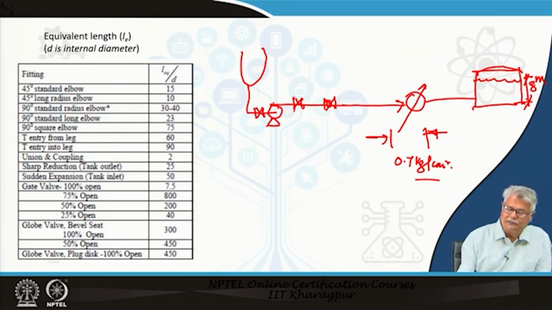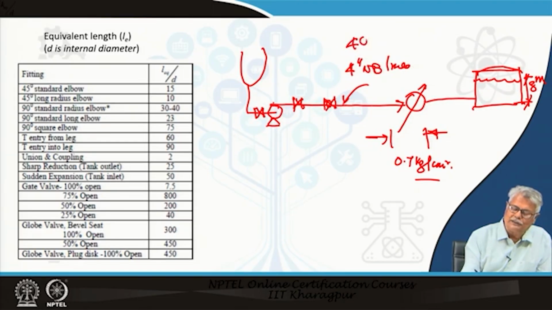Now, say hypothetically all these are 4-inch nominal bore lines and these are of schedule 40. That means we have already seen the standard and we know the ID and the OD. The OD is of no concern to us, so we know the ID. Since it is a distillation column, we are aware of the flow rate Q in meter cube per hour.